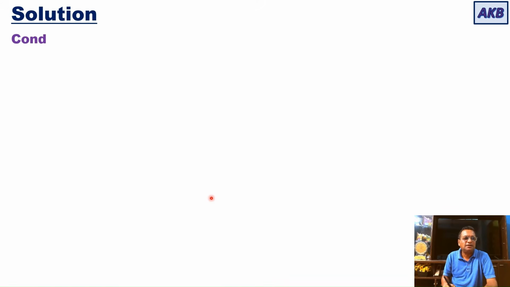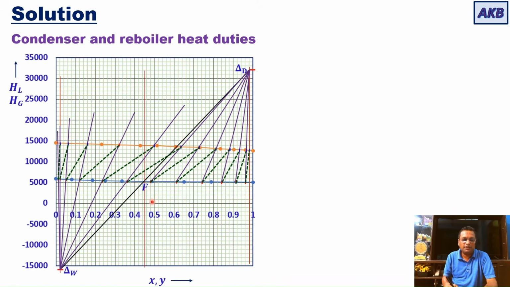Next, we have to get the condenser and reboiler heat duties. For that we will need Q1, because we are going to use that in the calculation, and we will also use Q2.